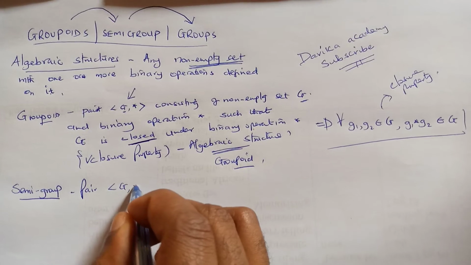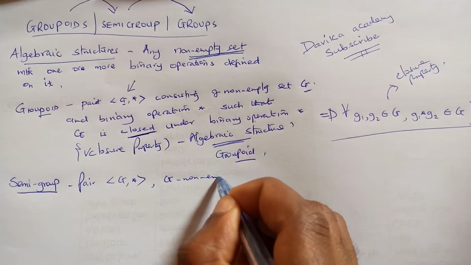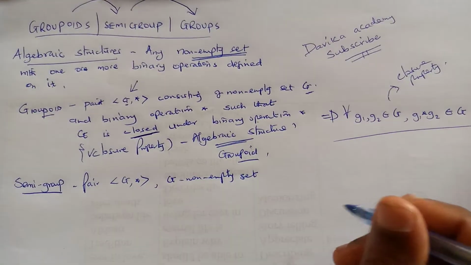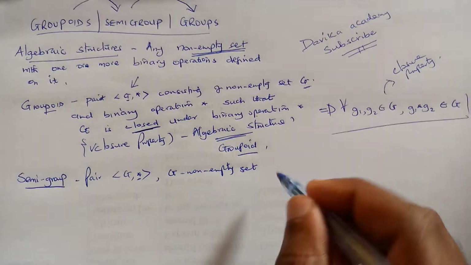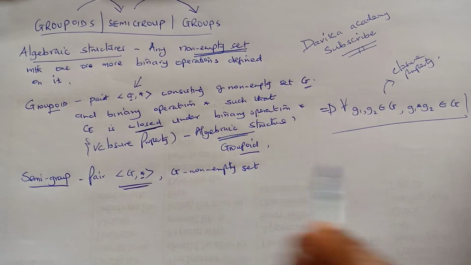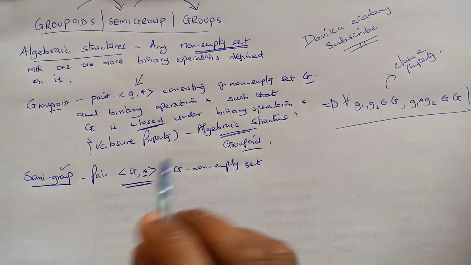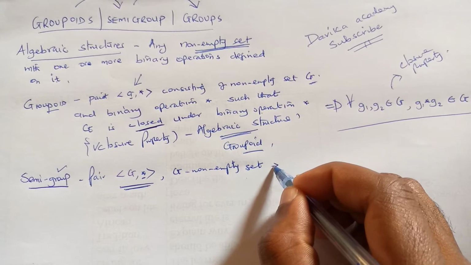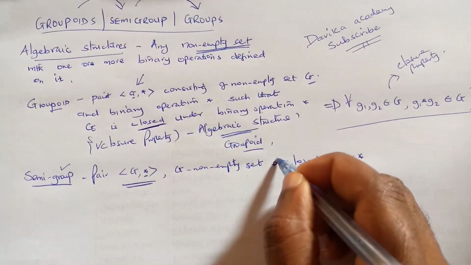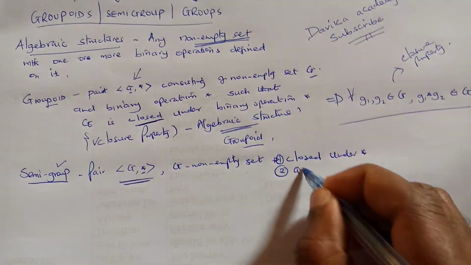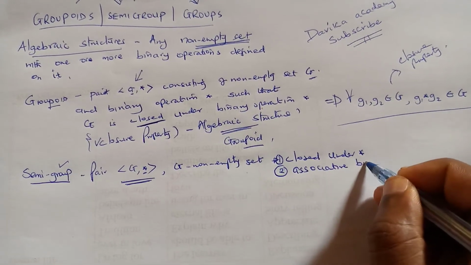We are talking about the pair G star, where G is a non-empty set, defined with a given binary operation star, and we say this algebraic structure is a semigroup if, number one, it is closed under star, and number two, it has an associative binary operation.